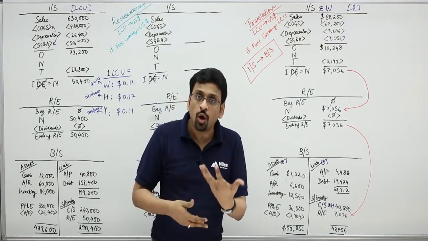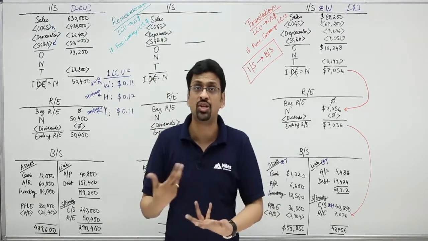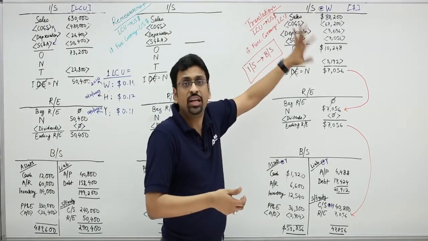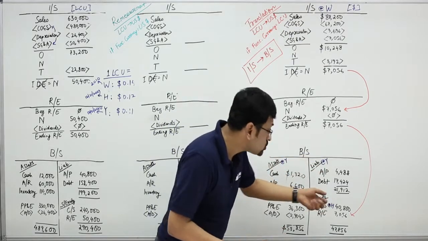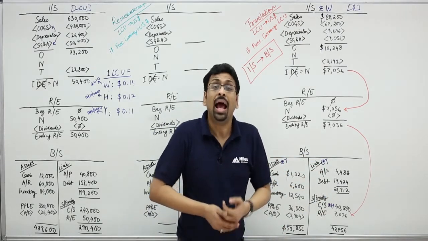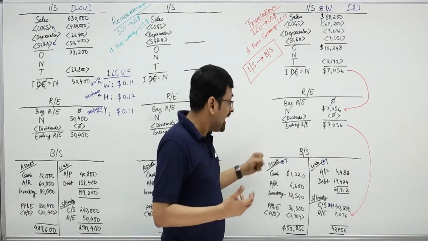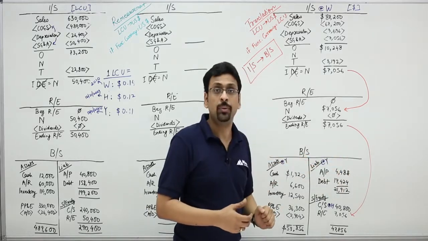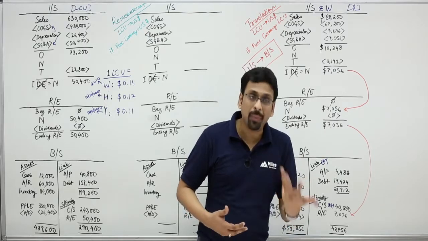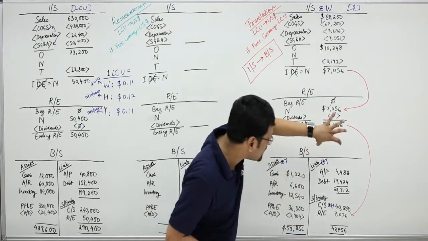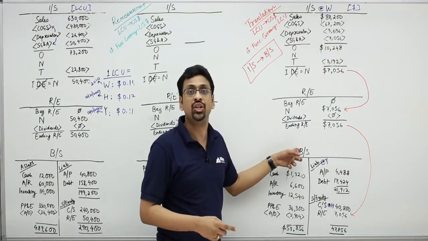Guys, this is wrong because we've used different exchange rates for translation. We've used the weighted average rate here. On the balance sheet, we've used the year-end rate for assets and liabilities, historical for common stock. And that's the reason for this difference between assets and liabilities plus equity. And to plug this difference, to make sure assets equals liabilities plus equity, we're going to have a plug on our balance sheet.